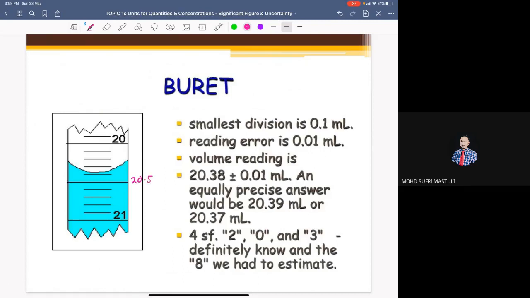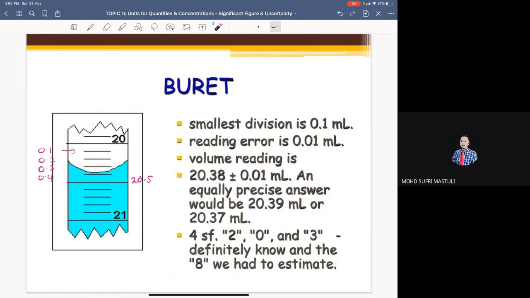So this one it should be 20, 0.1, 0.2, 0.3, 0.4, and then 0.5. So the smallest division is 0.1 ml. So every mark is 0.1. So the reading error should be 0.01. Okay.